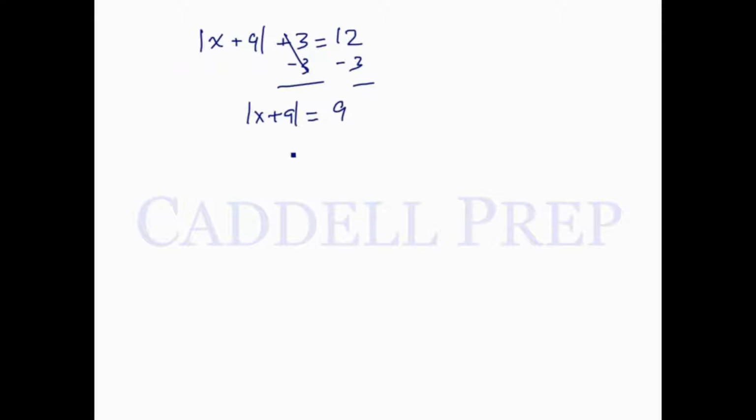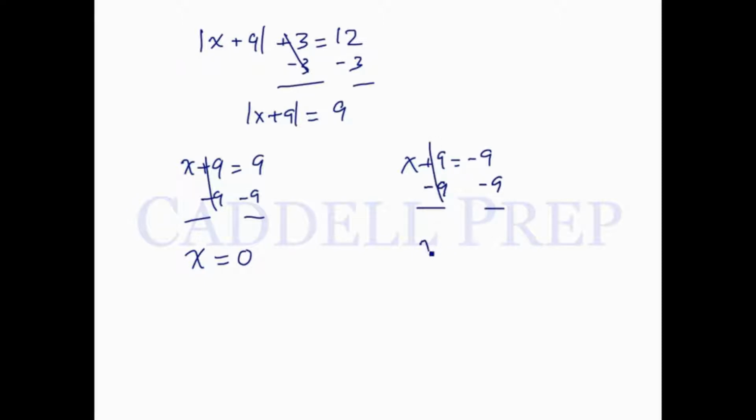From here, we get our two equations. Either x plus 9 equals 9, or x plus 9 equals negative 9. Now solving, minus 9, minus 9. x could be 0. Minus 9, minus 9. x could equal negative 18.